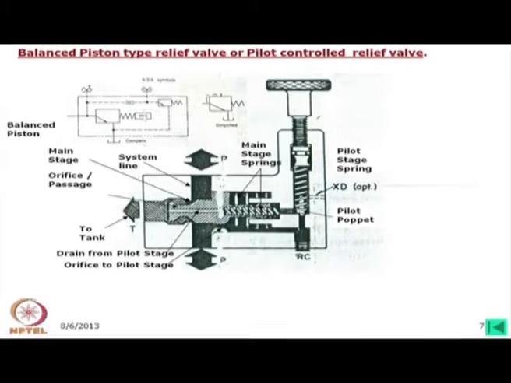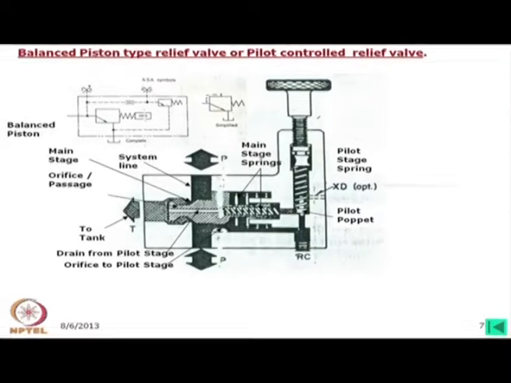But at that pressure also, when this opens, you will find that the differential pressure remains more or less the same, and for that differential pressure this poppet will remain open. Again, we are not regulating this much, only one is open and another is closed. Normally you will find this opening is very large.